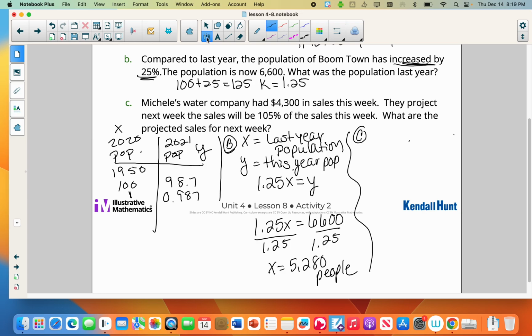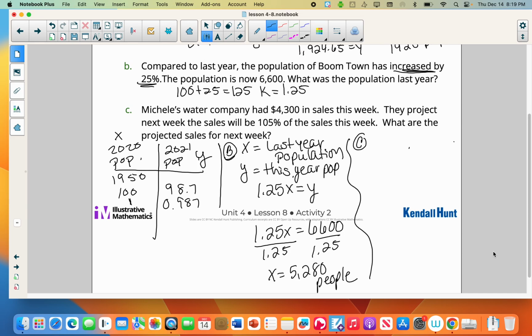So letter C. Michelle's Water Company had $4,300 in sales this week. They project the next week's sales will be 105% of the sales this week. What are the projected sales for next week? So since it said of, my k value is 1.05.